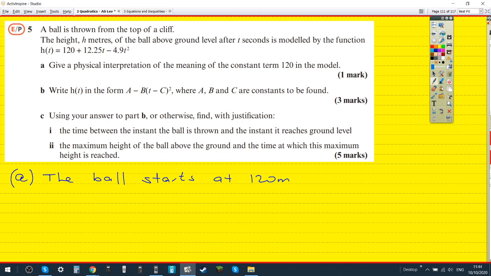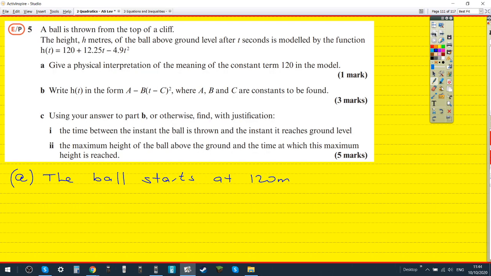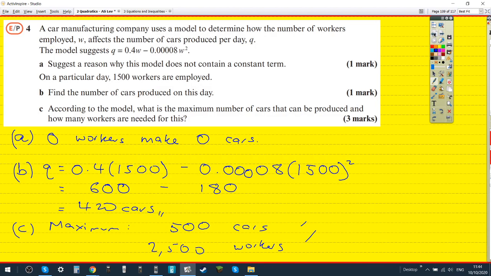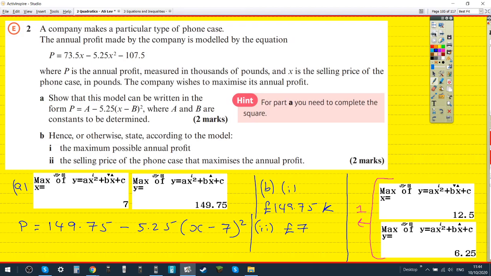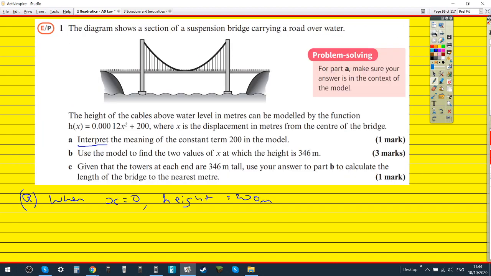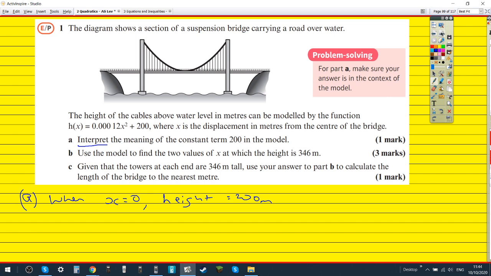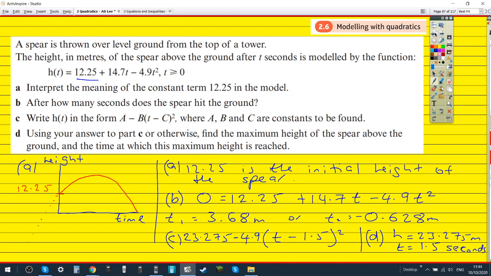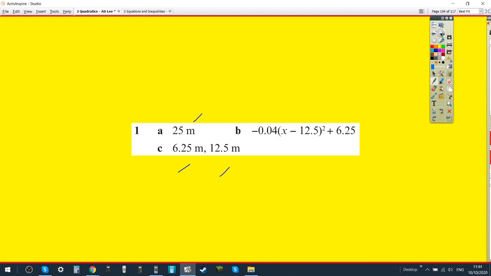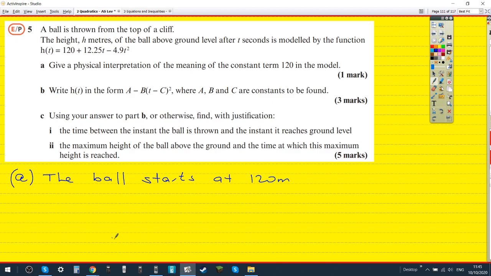Is this the same question? This is 120. Is it just a very similar number? I thought I saw minus 4.9 somewhere. Yeah, it's similar, but it's not the same.